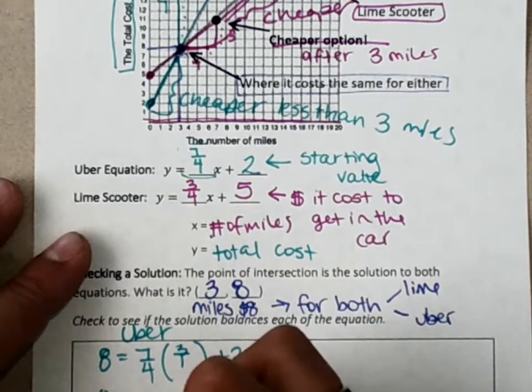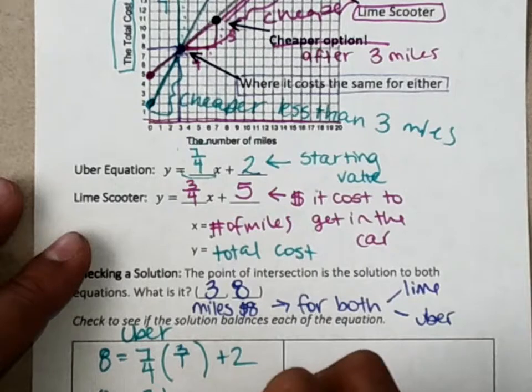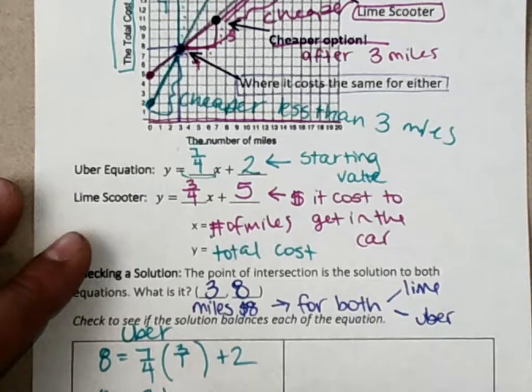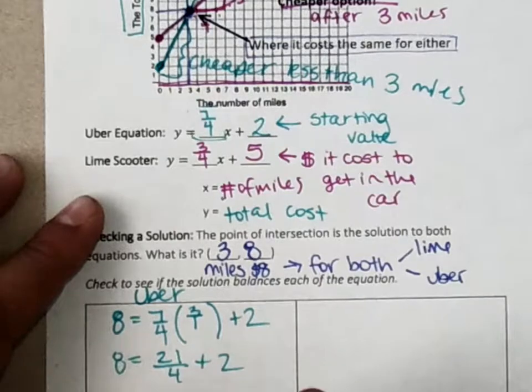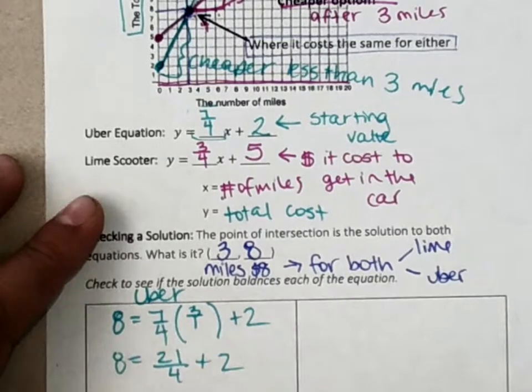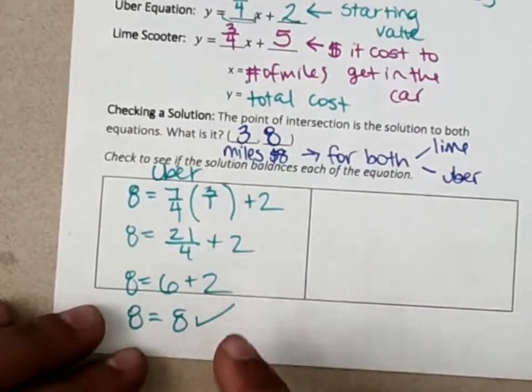This is going to give us 21 over 4 plus 2. 21 divided by 4 is about 6. Therefore, our equation is balanced.